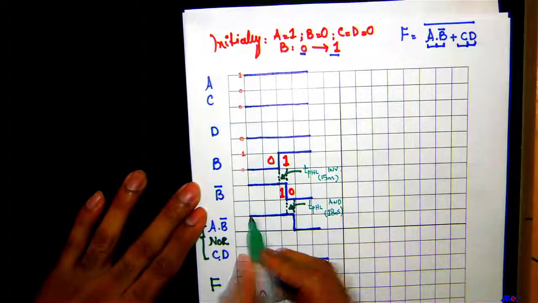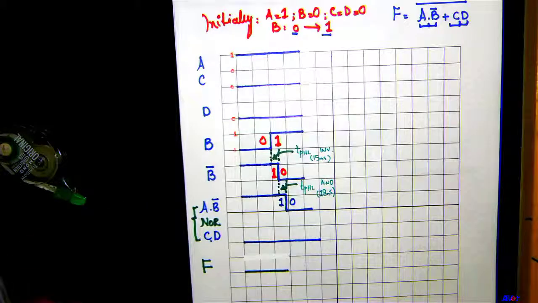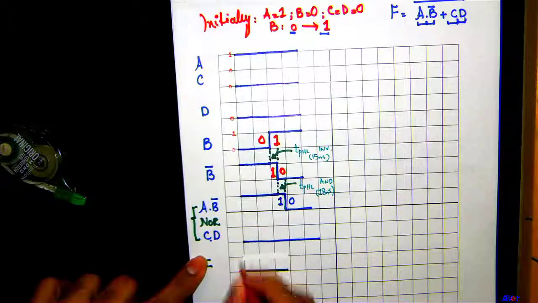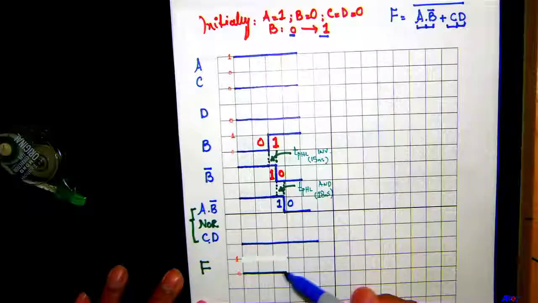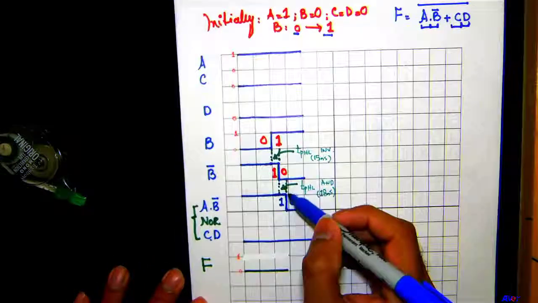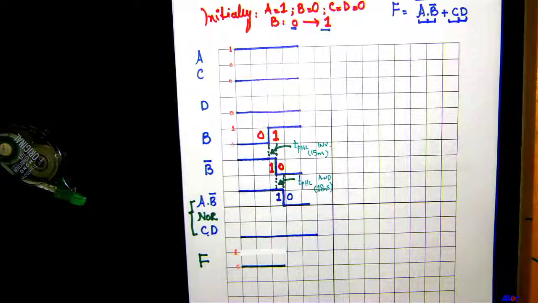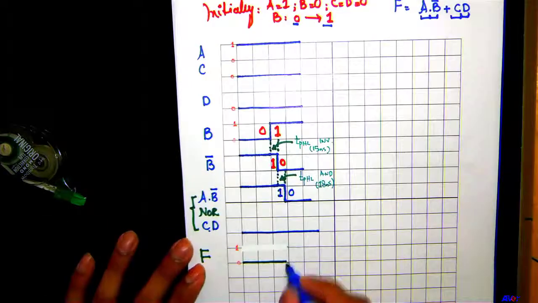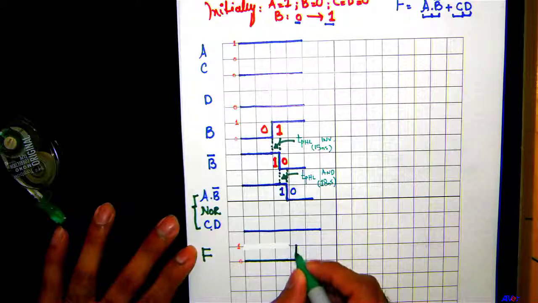Because the input is high here, so remember this is 0, this is 0, this is 1. Any input high, output is going to be 0. Now here the output goes from 1 to 0. So is it going to go up right away, or is there going to be some delay here? There's going to be some delay here, right? So there's going to be some delay, and then it goes up.